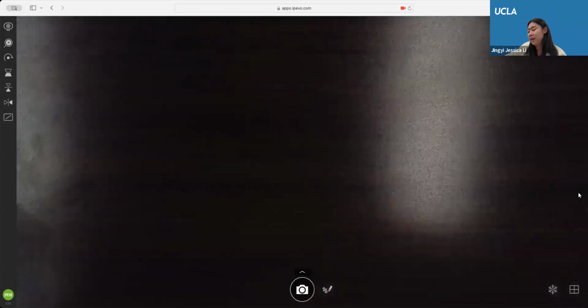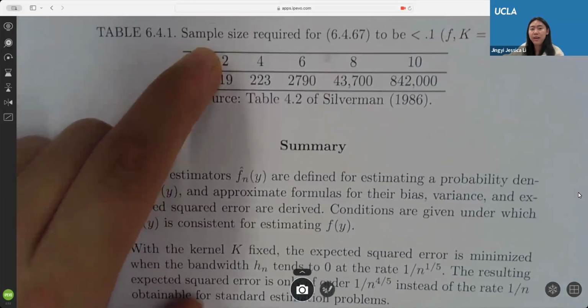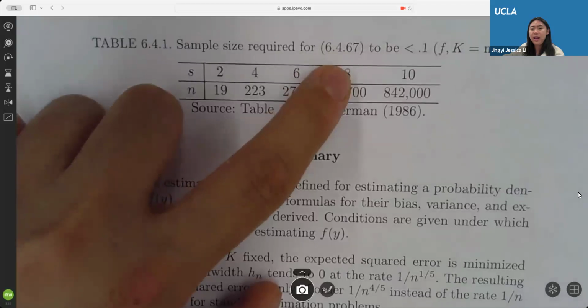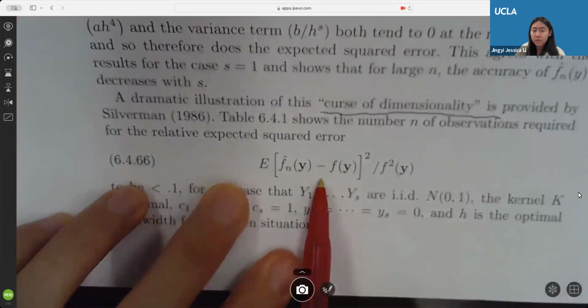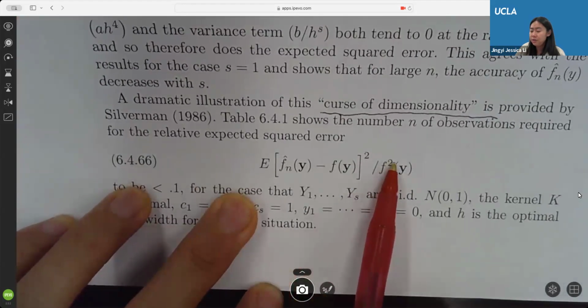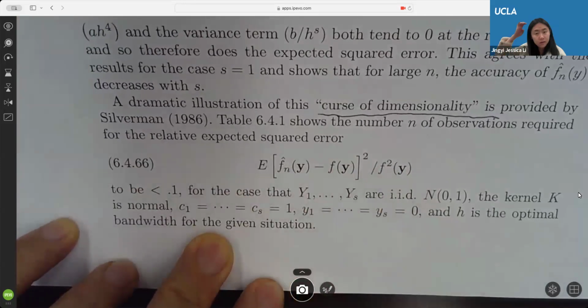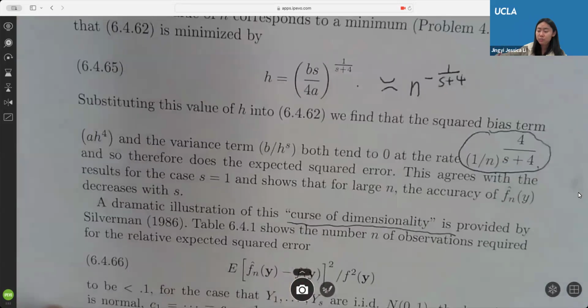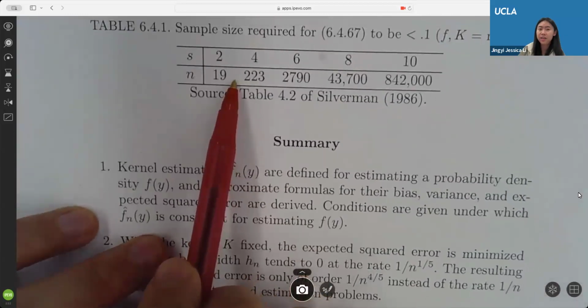To summarize, let's look at the sample size required to make your estimation error small. Actually not the mean squared error itself, but the mean squared error divided by f squared of y. So we normalize depending on the density value. By this quantity, the relative expected squared error, this is the sample size we need.